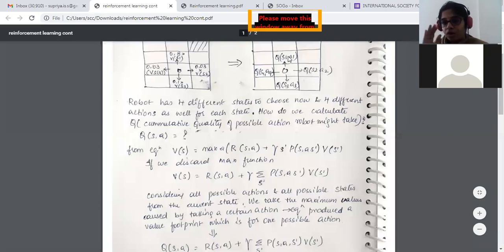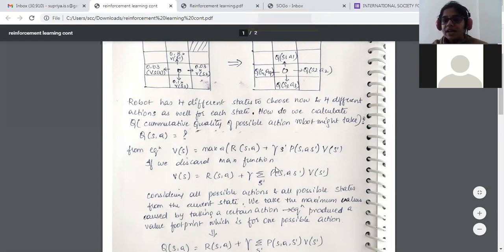Okay, I'm going to perform the same operation, but rather than terming it as something like this, I'm going to term it as Q(S1, A1), Q(S2, A2), Q(S3, A3), Q(S4, A4), where my robot can take any one of these actions.